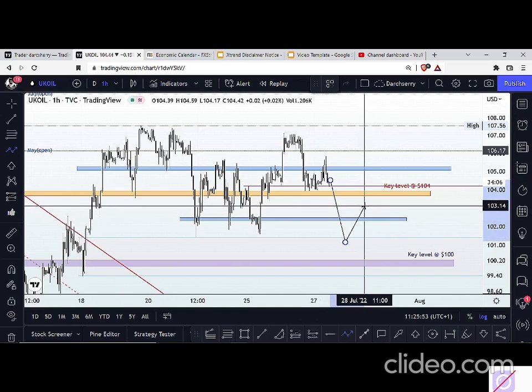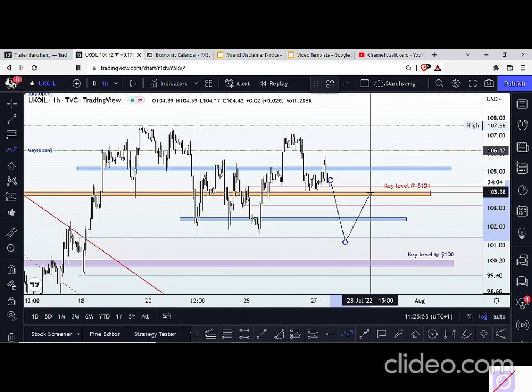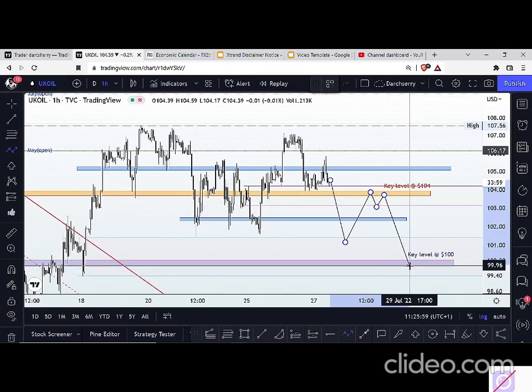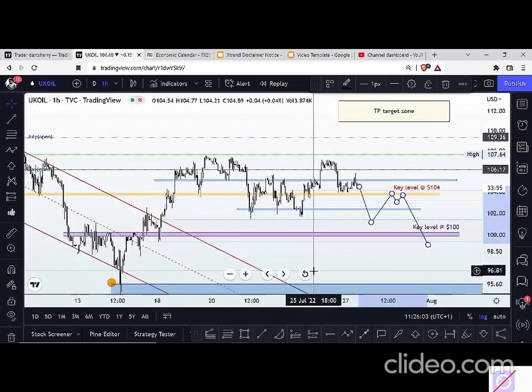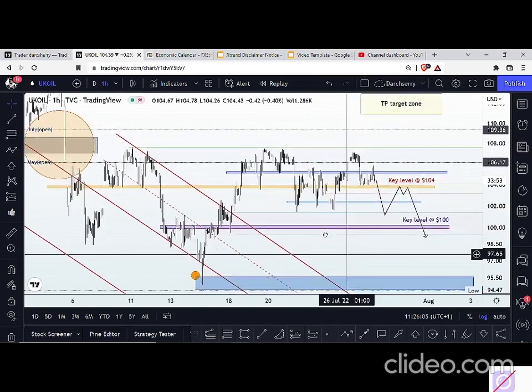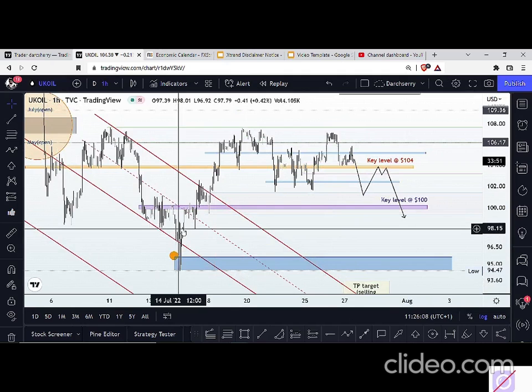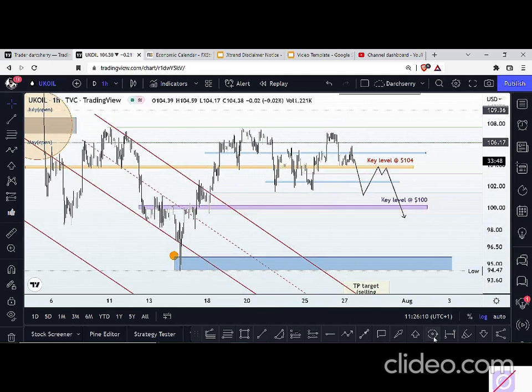It could come as far as 103 or come into the 104 level mark, where I want to be looking out for reversal pattern to join decline to the downside. And if we are joining a decline, if we look left, we remember that we identified this descending channel during the course of last week's trading session, and we saw the breakout of that channel here.